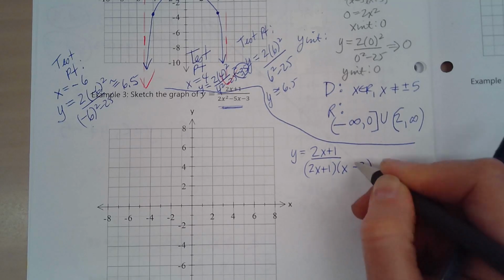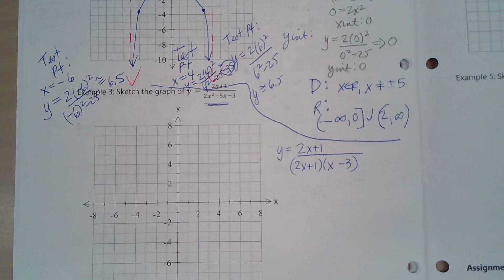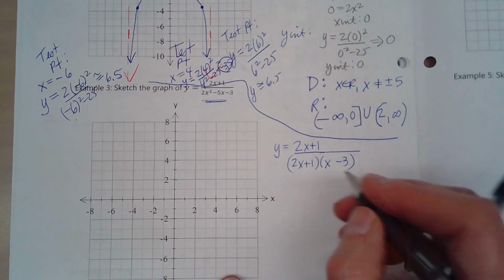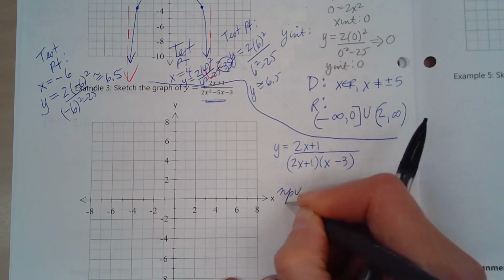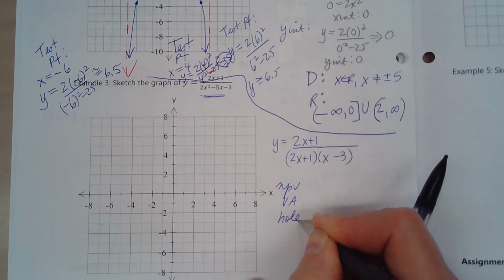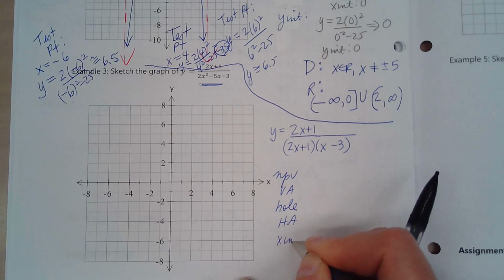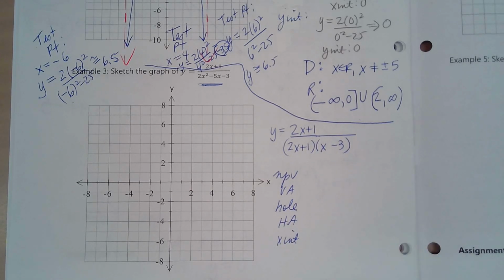Excellent. Okay, so here's my rewritten factored form. And I'm going to write all my info down again. I always have to consider the vertical asymptote, the hole, and then I'm going to do my x-intercept and y-intercept.